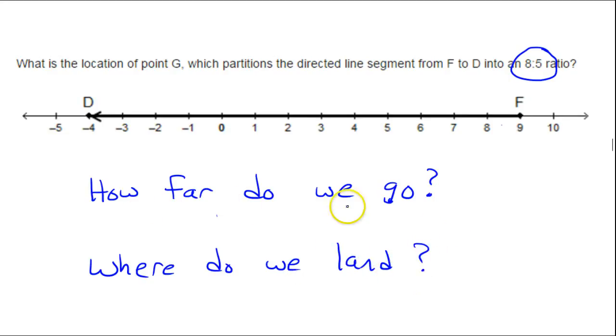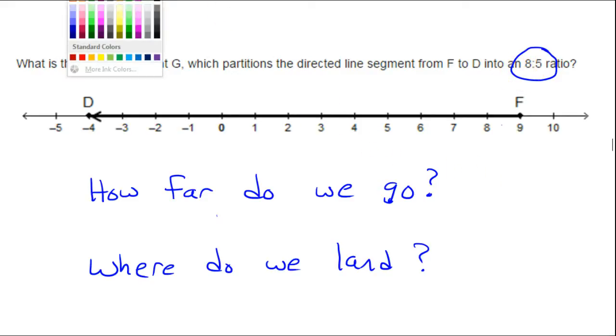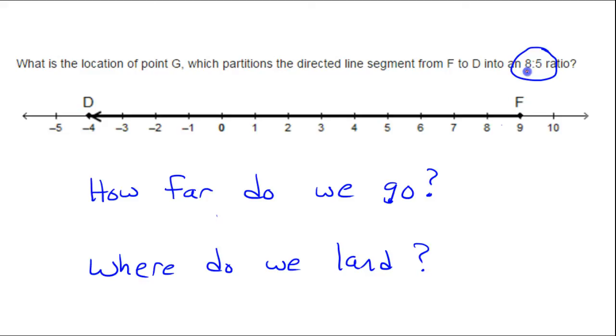In order to answer the question of how far we go, it's not so useful to have this ratio. It's better to have a fraction. Let me give you a couple more examples of turning ratios into fractions. If I saw a ratio of 3 to 4, that would mean I need to go 3/7 of the way.